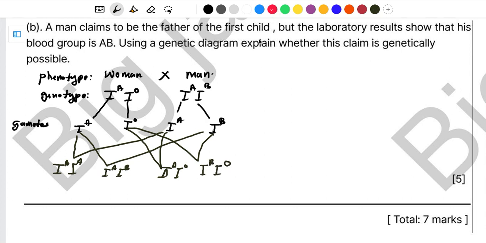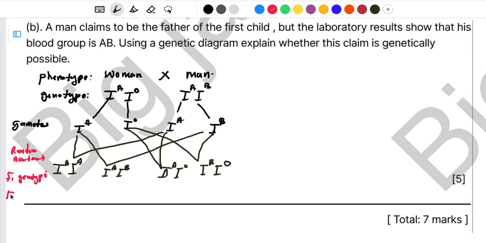So as you can see at this stage, of course, you are supposed to put random assortment. Then after random assortment, this one is going to be the F1 genotype. So under F1 genotype, this is what we have.